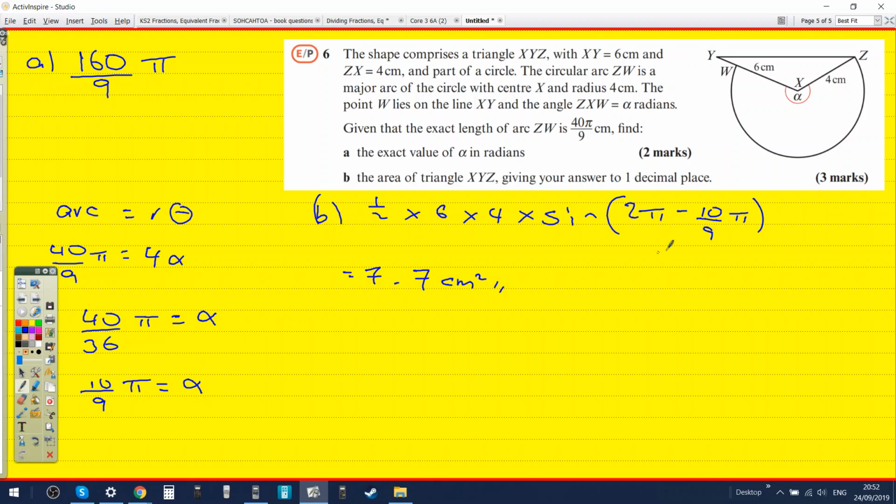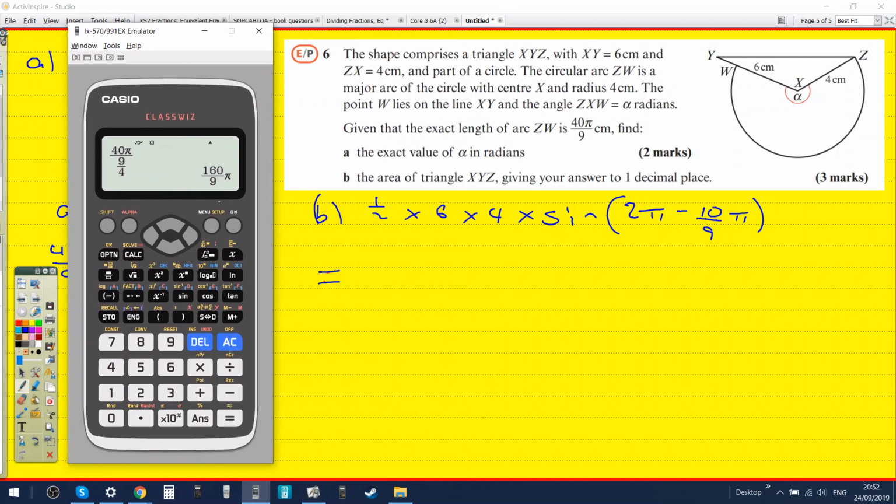Okay, so then I'll just replace it with that. So 0.5 times 6 times 4 times sine of 2 pi minus 10 over 9 pi. And it's minus 4.16.